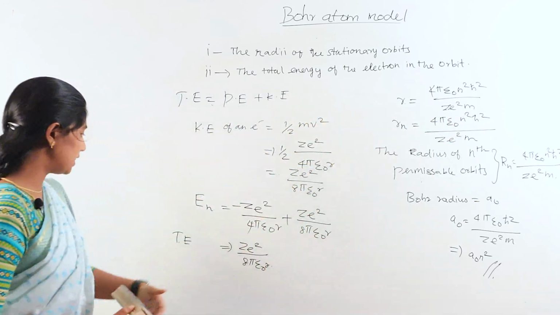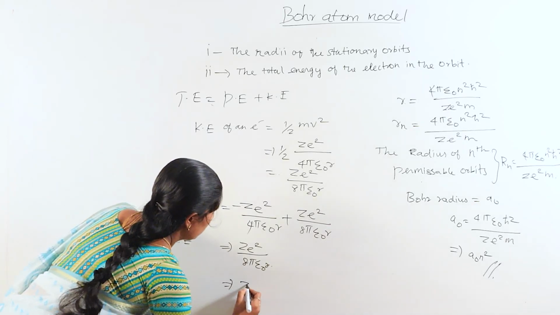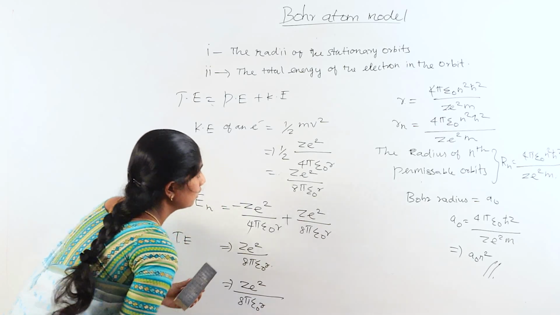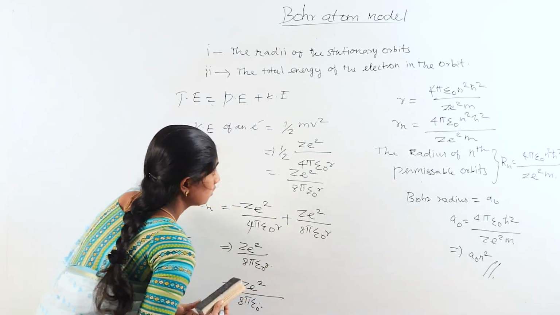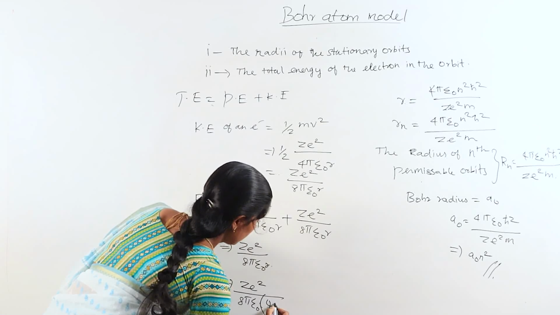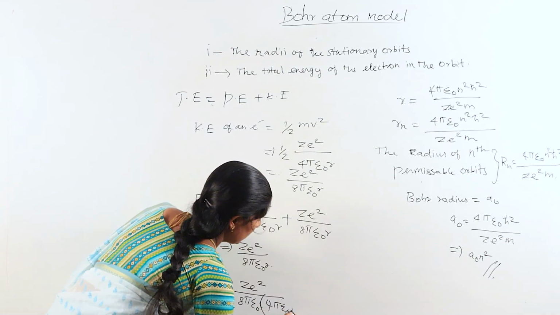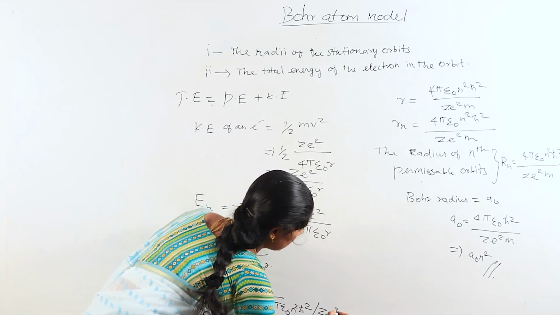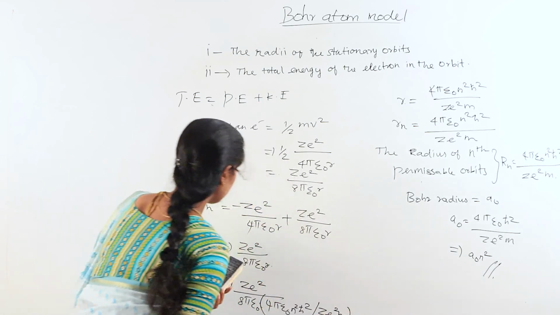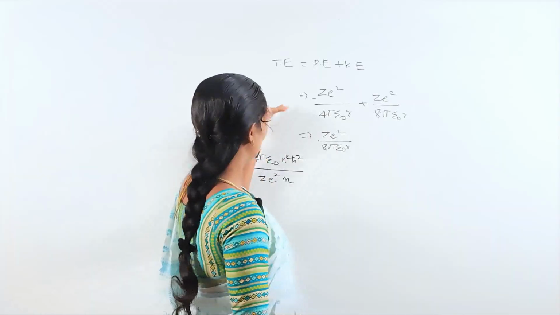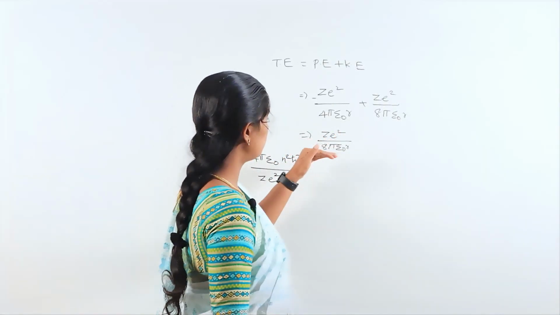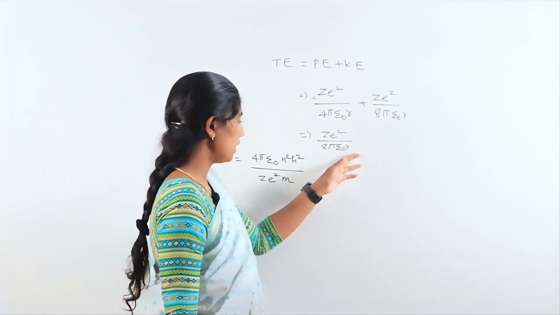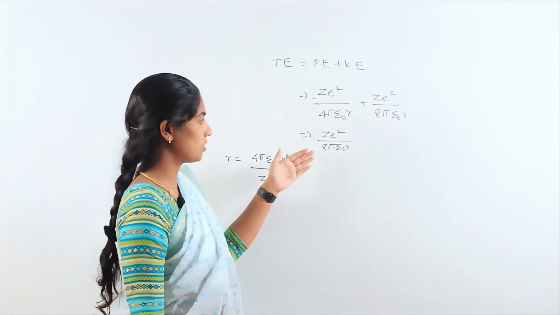So we can apply it here. The total energy value is Ze squared by 8 pi epsilon naught r, and we already found the value of r from the radius of stationary orbits.